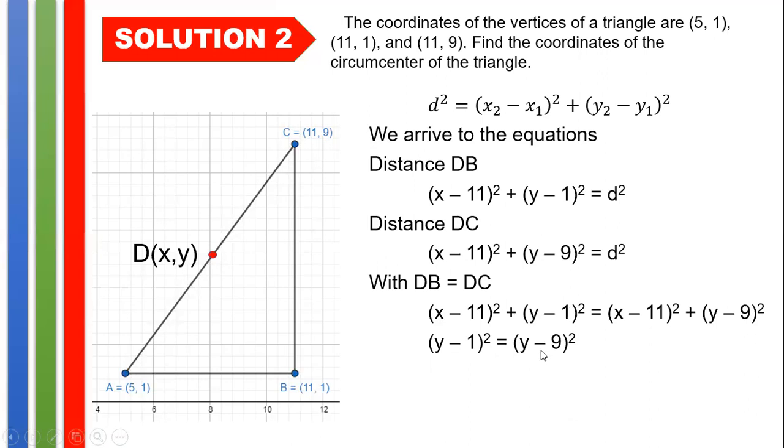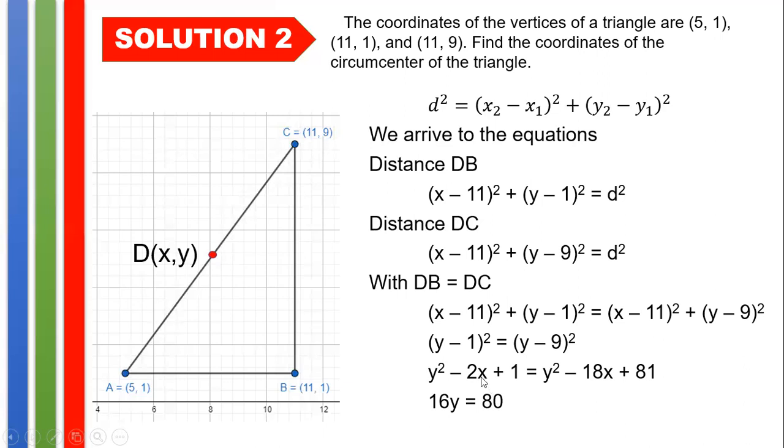From here, we can square each of the binomials, and that gives y squared minus 2y plus 1 equals y squared minus 18y plus 81. Y squared could be subtracted from both sides as well. If you add 18y to both sides, negative 2y becomes plus 16y.